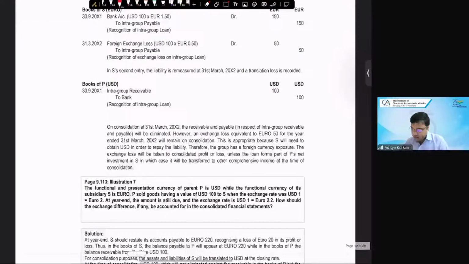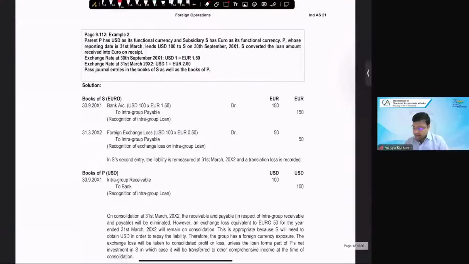All right. So now let us understand. I am in the books of P. P has given a loan of $100. So intra-group receivable account debit to bank, $100. Are you okay with this? Yes, sir.